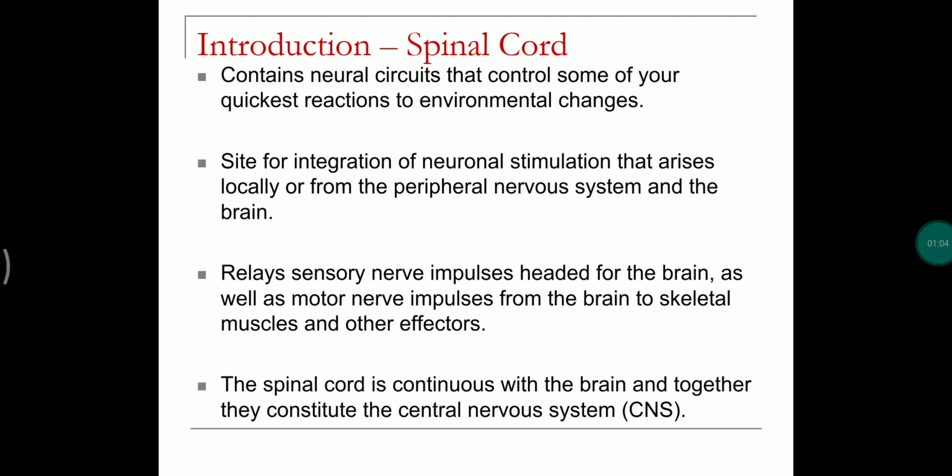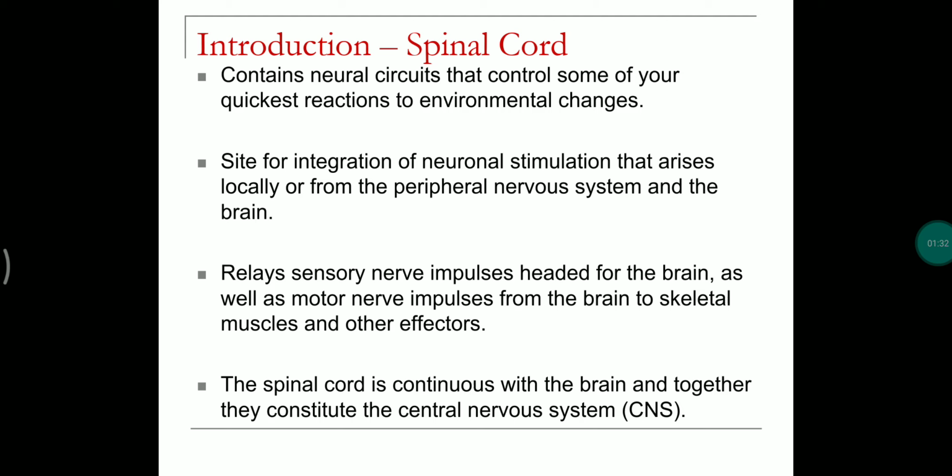as a relay station. Relay station means where it is analyzed. For example, if there is any touch on our body, the sense of touch is integrated. It relays, meaning it initiates a reflex action at once, and at the same time it also sends impulses to the brain for the motor activity.